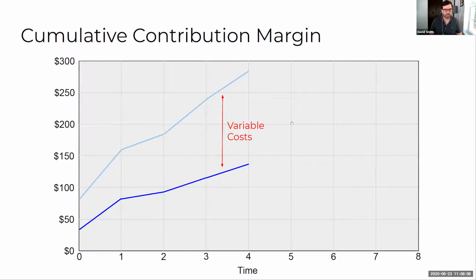In time period 1, we're at $80, another $40. Time period 2, we're at 90. Time period 3, we go up to 100. By time period 4, we are at 140.